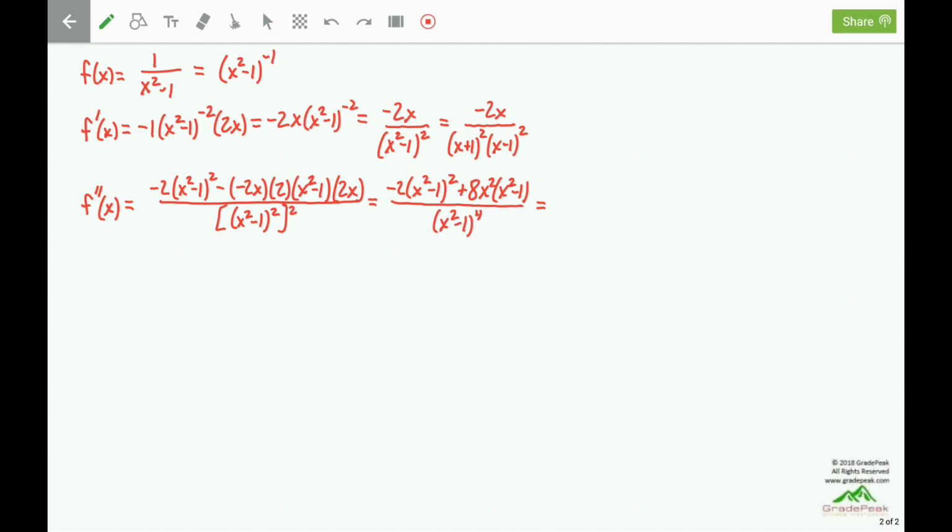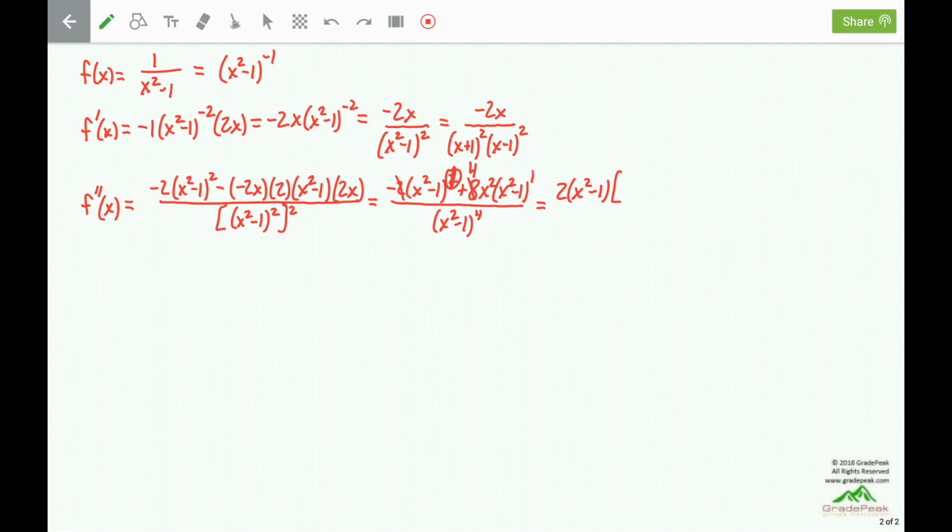We want to fully factor the second derivative, and in the numerator there is a common factor of a 2 as well as the lower power of x squared minus 1, which we found out was to the first power. Factoring out the 2, this will become a negative 1, and this will become a positive 4. Factoring out the x squared minus 1 to the first power, factoring is division, division is subtraction of exponents. So we'll subtract a power of 1 from here, which makes it become a 1. So we'll have a negative times x squared minus 1.